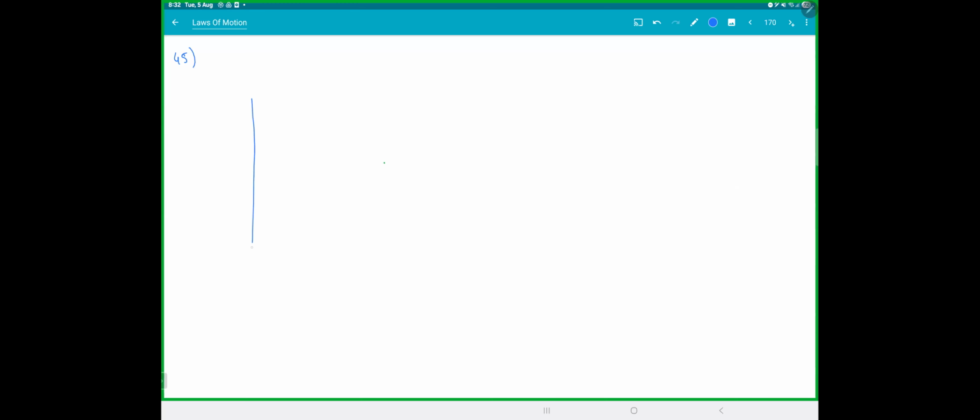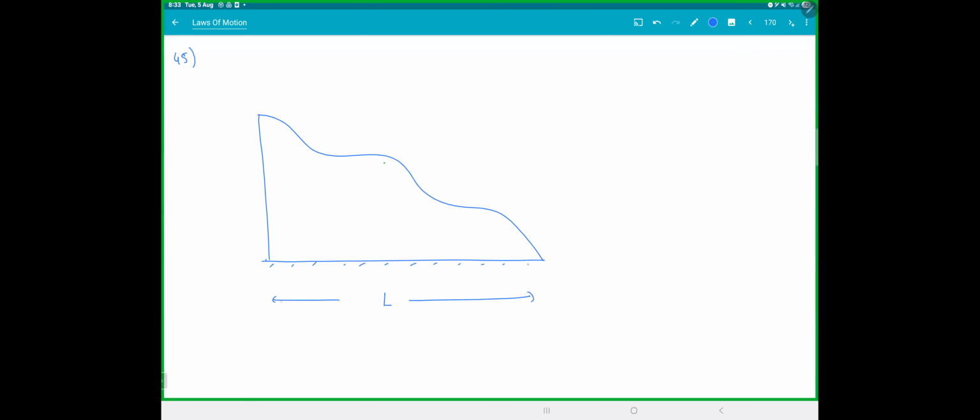Let's say we have an incline with a random surface. L is the length, H is the height.